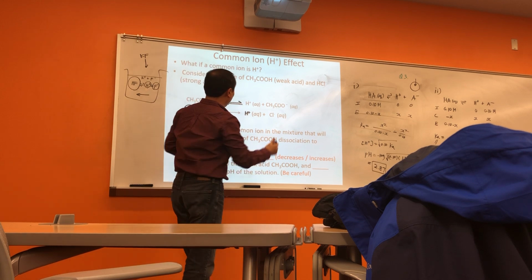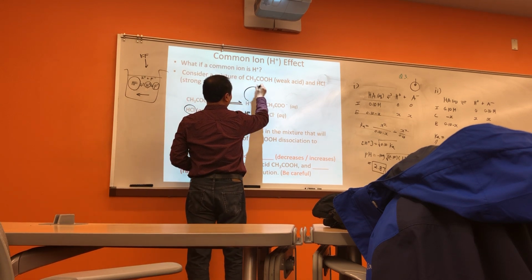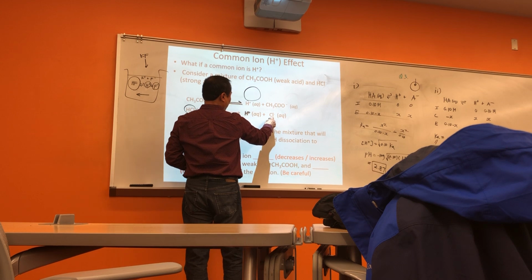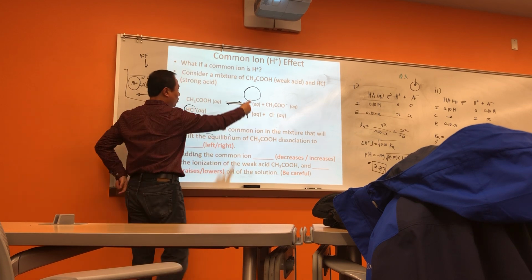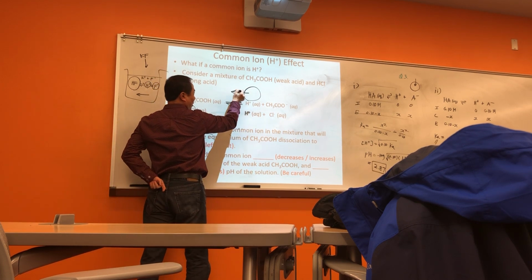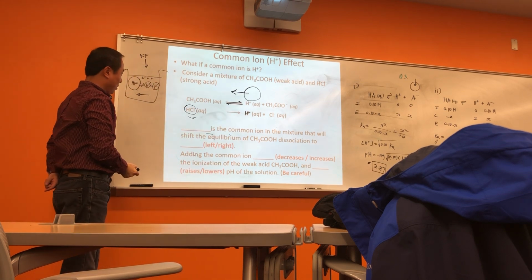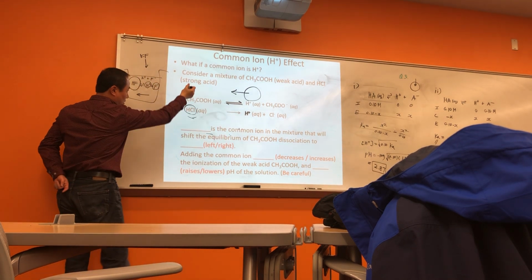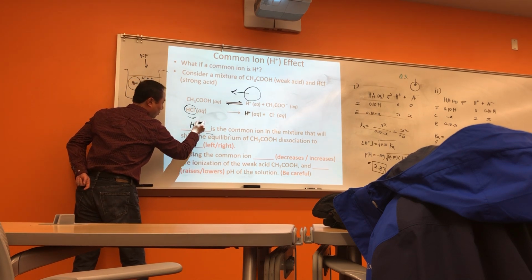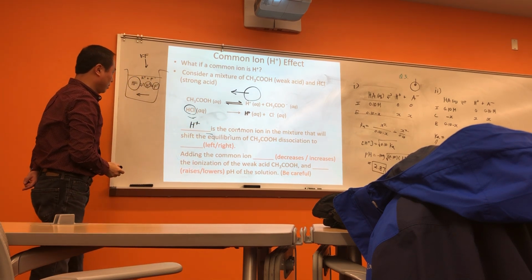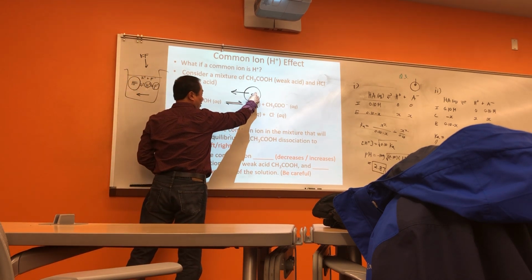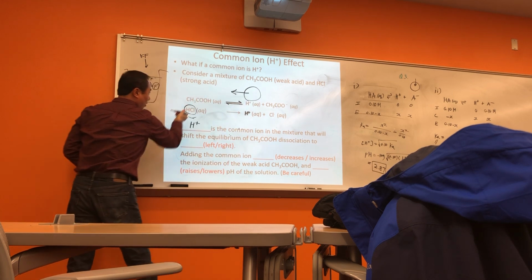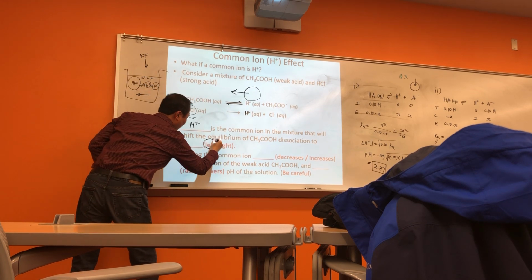So we are adding more of this guy. This guy, chloride, doesn't do anything because it has nothing to do with this equilibrium. It has no effect. But the proton from the strong acid will disturb the equilibrium, and the equilibrium shifts left again. So in this reaction, proton is the common ion. Because you add it on the product side, the equilibrium shifts back to the reactant side, which means to the left.